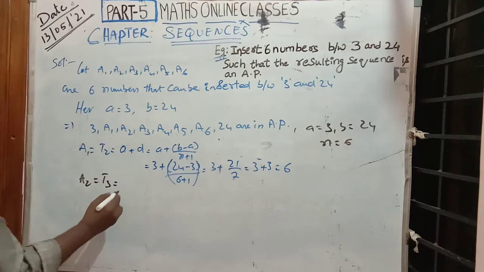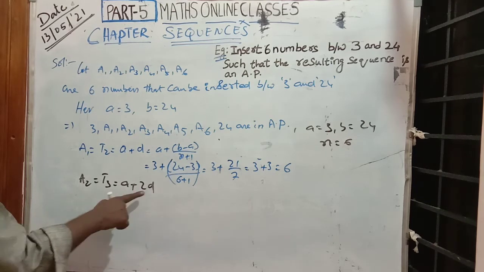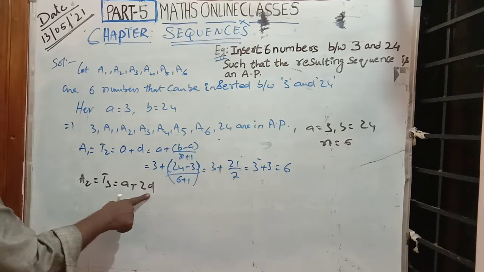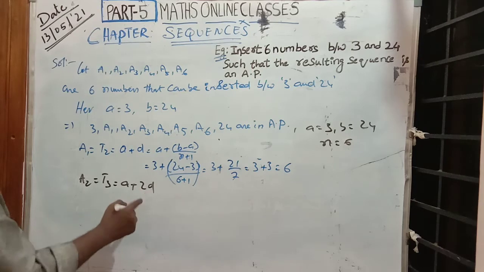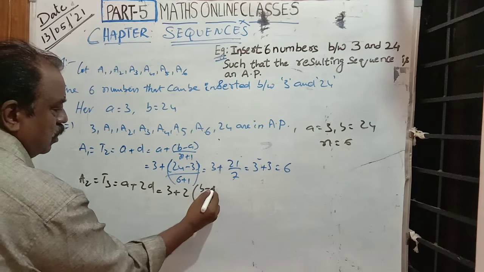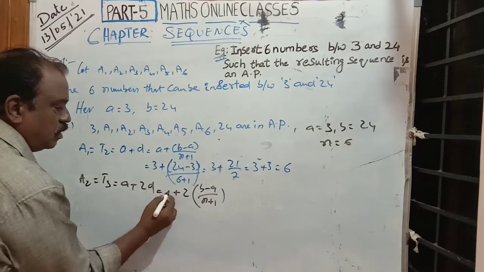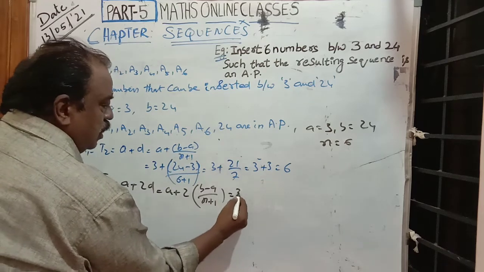1, 2, 3. That is A plus 2D. A2 means 2D. A5 means 5D. A10 means 10D. Like this. It is also 3 plus 2 into D, where D is (B minus A) by (N plus 1). So what is A? 3.